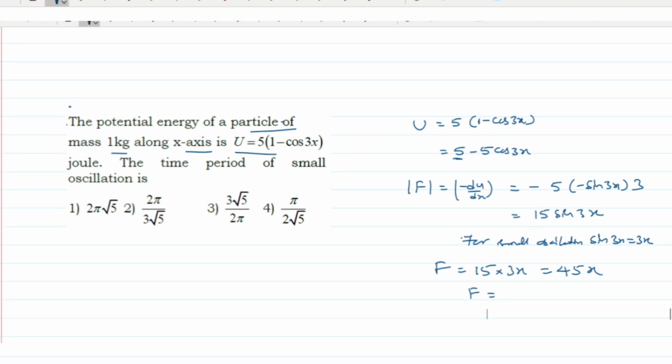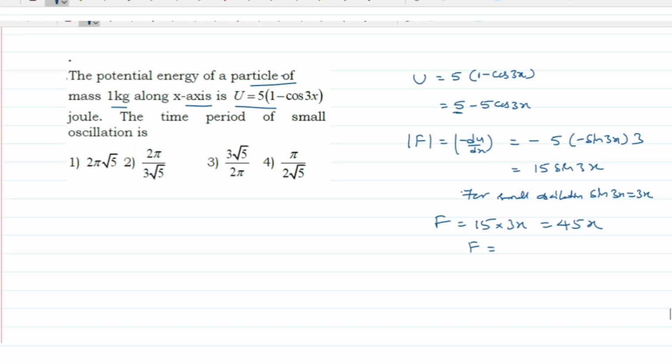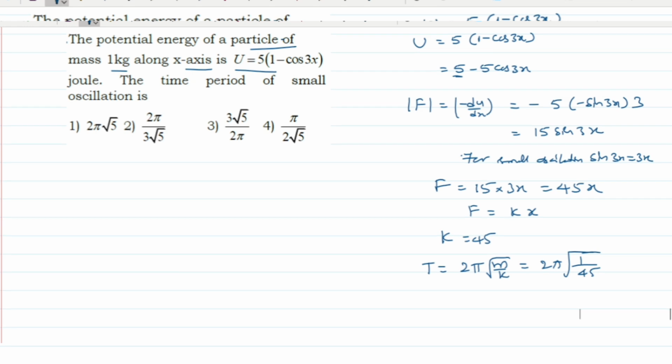Comparing with F equal to kx, k is 45. Then the time period formula is T equal to 2 pi root over m by k, which is 2 pi into root of 1 kg by 45. This can be written as 2 pi by 3 root 5, since 3 threes are 9 and 9 fives are 45. This is the time period value, 2 pi by 3 root 5.